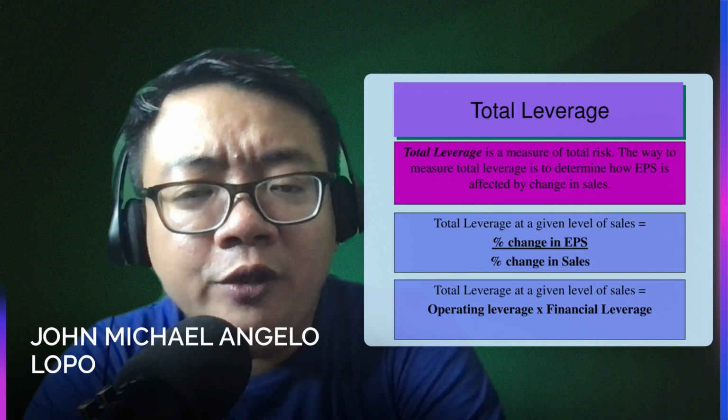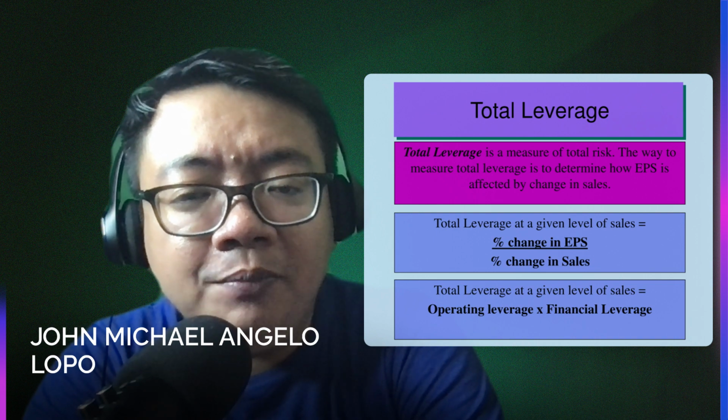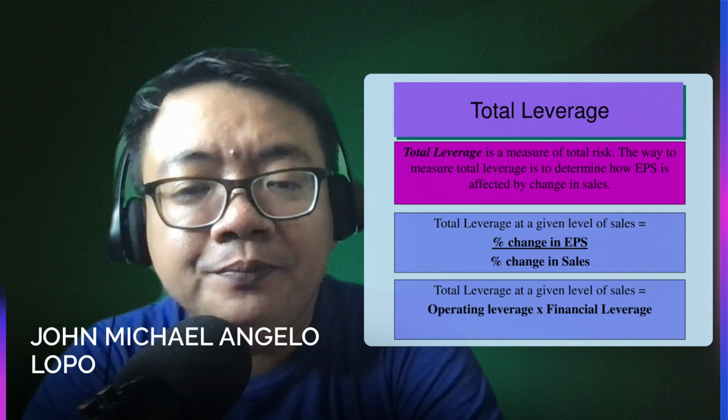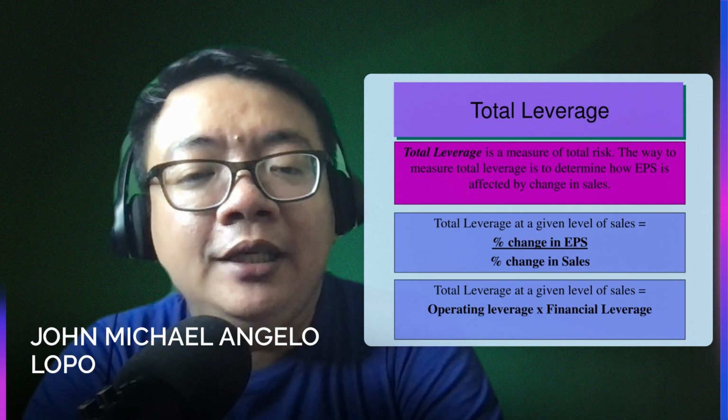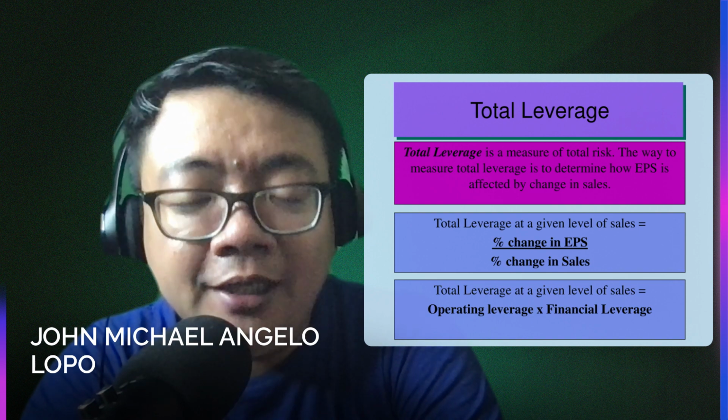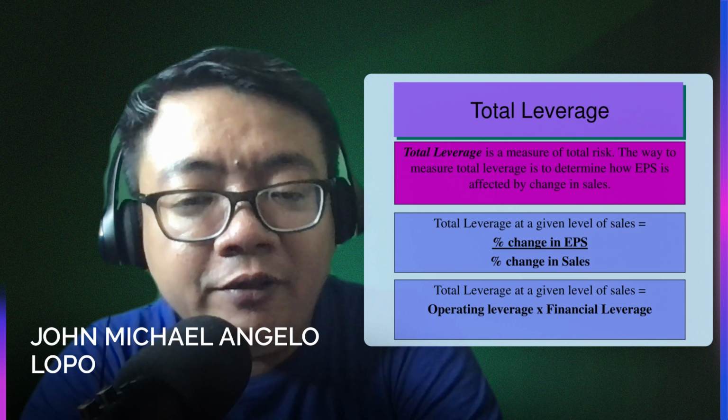How do we compute for that? Percentage change in EPS divided by percentage change in sales. What is the formula of operating leverage? Percentage change in EBIT divided by percentage change in sales. How about financial leverage?